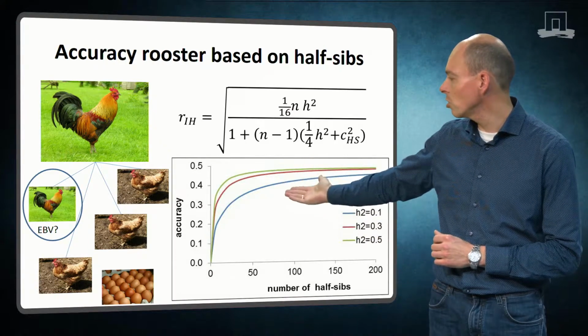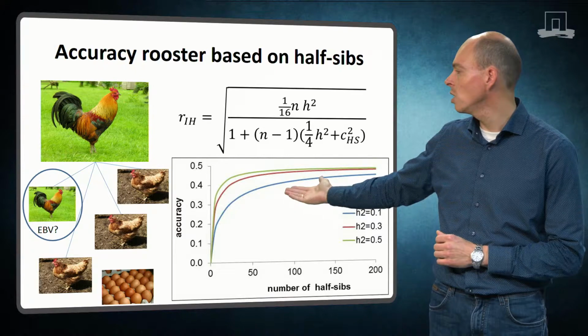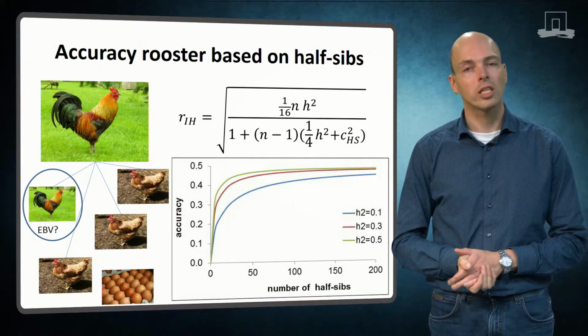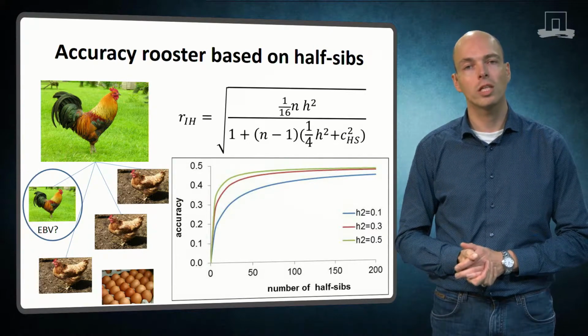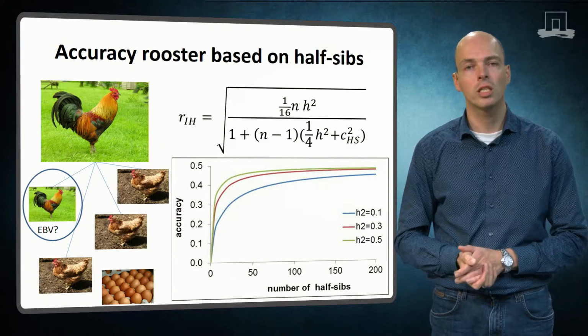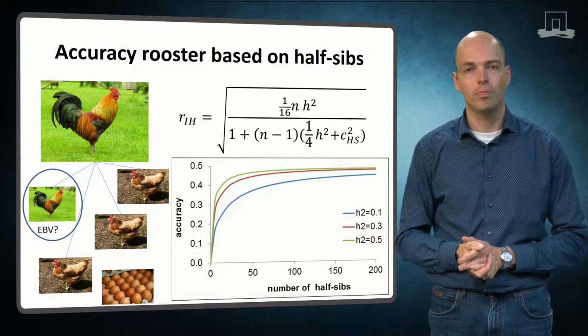And this figure shows that the accuracy increases with the number of half-sibs and with a higher heritability. In this case, the maximum accuracy is a half, because we only get information about the breeding value of the sire of this rooster, and we do not have any information about his dam and his own Mendelian sampling term.